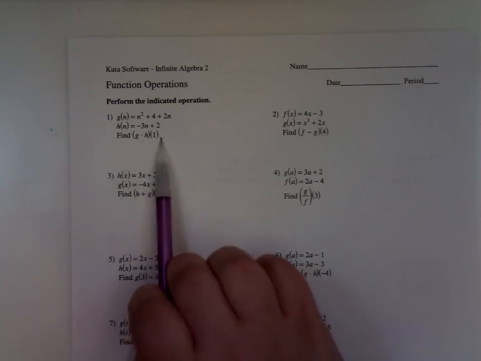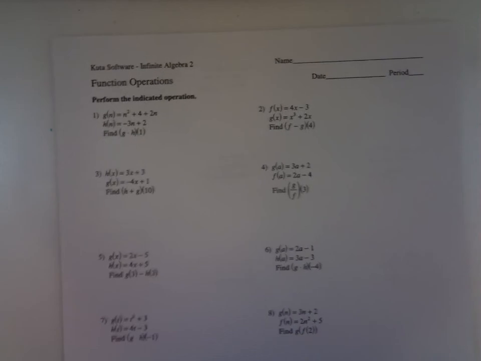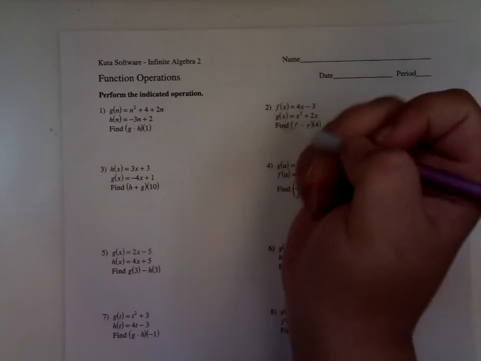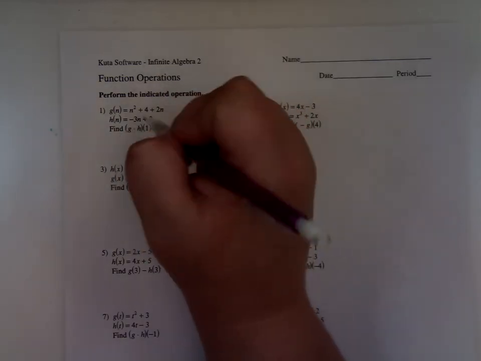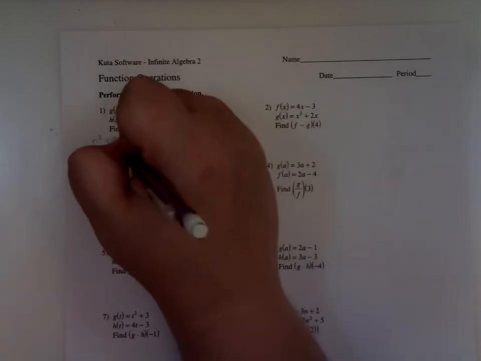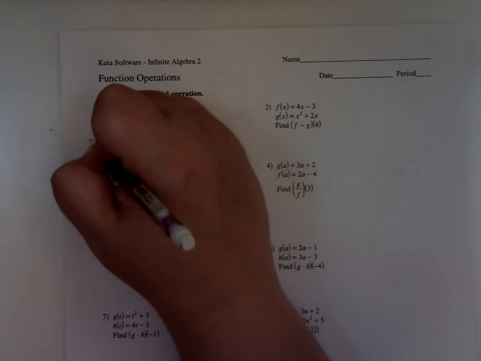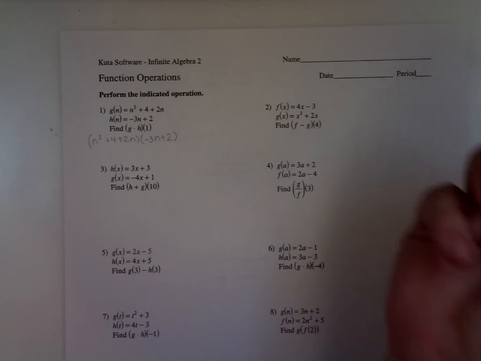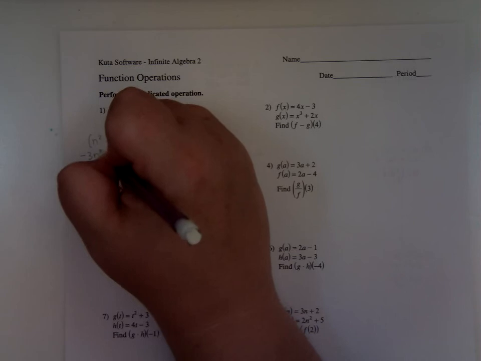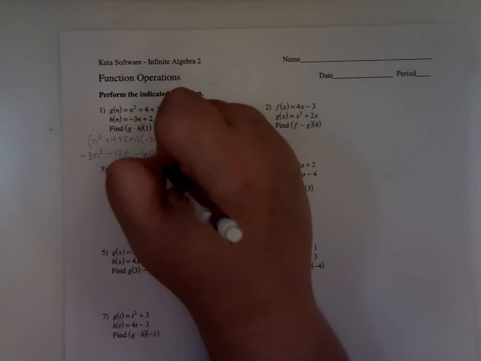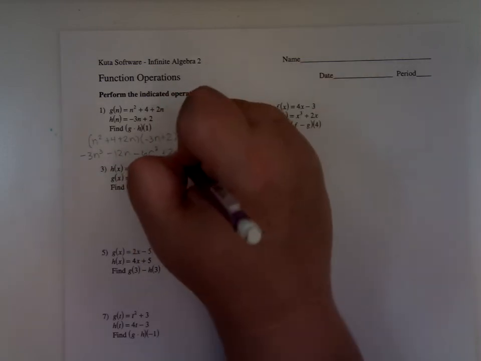So if we end up multiplying these two together, we're going to get negative 3n to the third minus 12n minus 6n squared plus 2n squared plus 8 plus 4n.